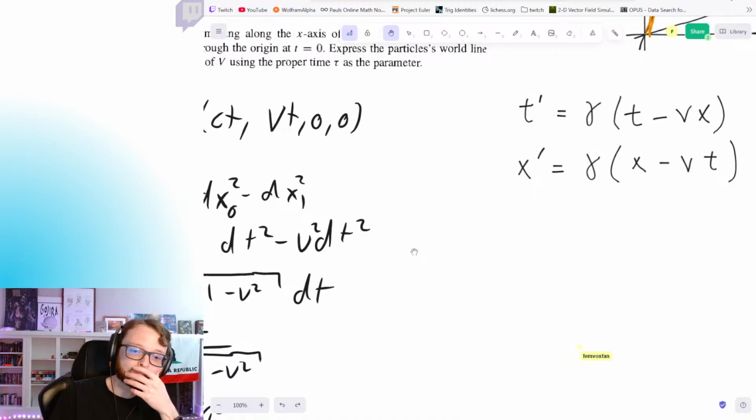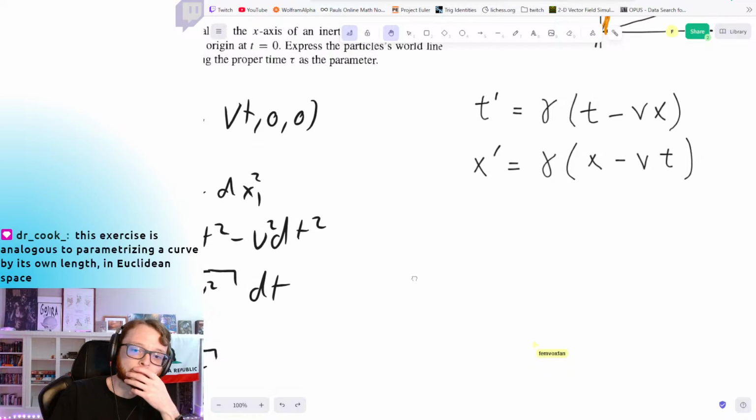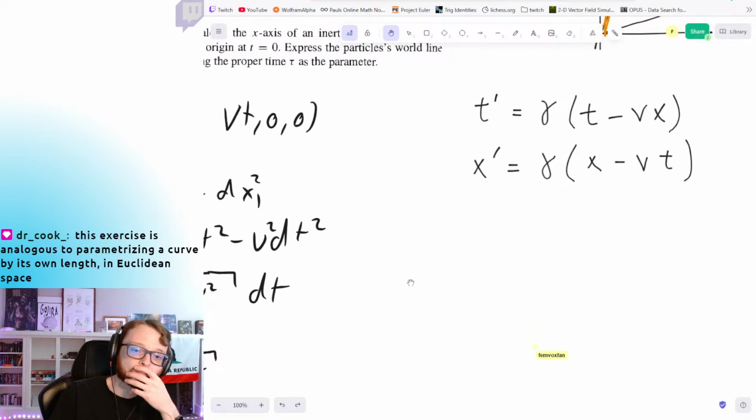Lorentz boosts preserve the orthogonality of coordinate axes. Oh, I might have figured out how to make the Lorentz boost equations work. Yeah, we were talking about that a little bit ago. Arc length parameterization. Yeah.